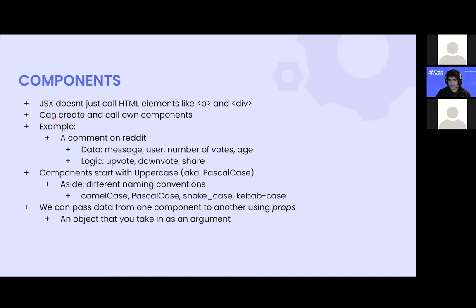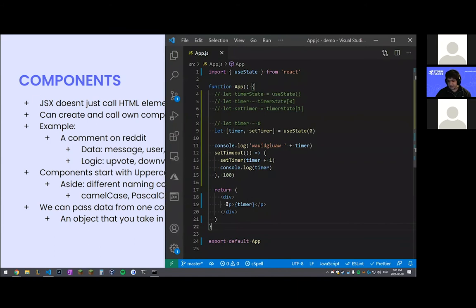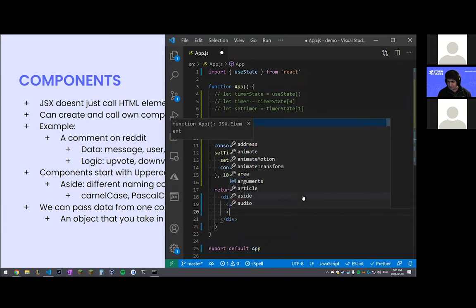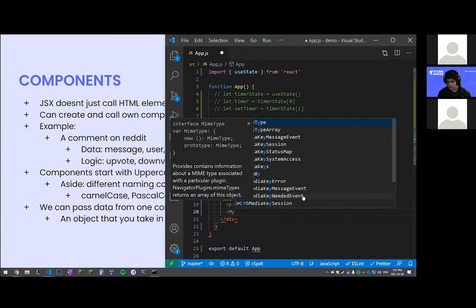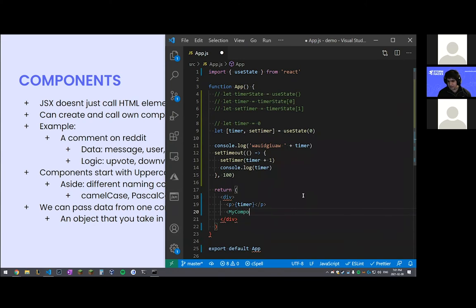So we can create our own components as well as our normal HTML tags, right? So these p tags and div tags are normal HTML tags, and just like that, inside of this area here, we can call MyComponent. Now, of course, this won't work because I haven't created it, but we can call our own thing right here.